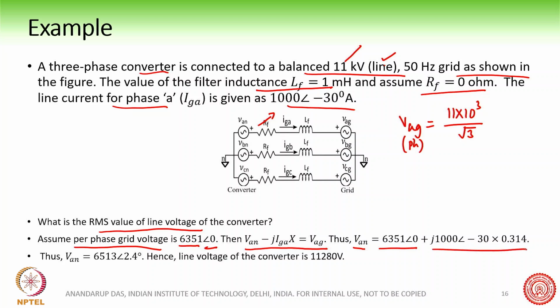VAN comes out to be 6513 at an angle 2.4 degree. You can see a little bit of delta. This is a very small value of delta, 2.4 degree only, but it can cause a good amount of power to be exchanged. So 6513 here, and hence the line voltage of the converter is 11.28 kV, slightly more than the 11 kV value.